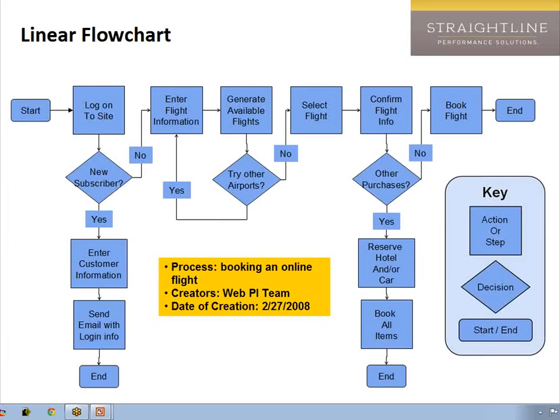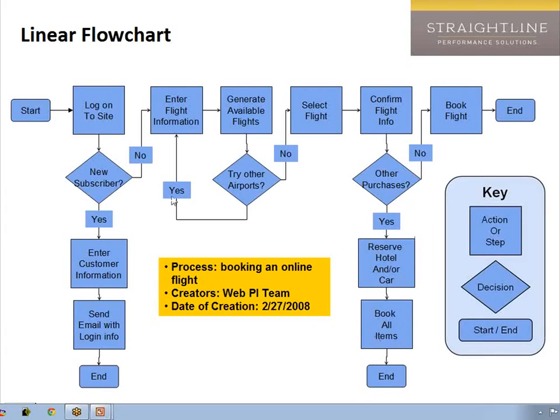If I need to make other purchases, then I might have to reserve a car or hotel or whatever and book all the other items. Okay, so these are the exception paths.